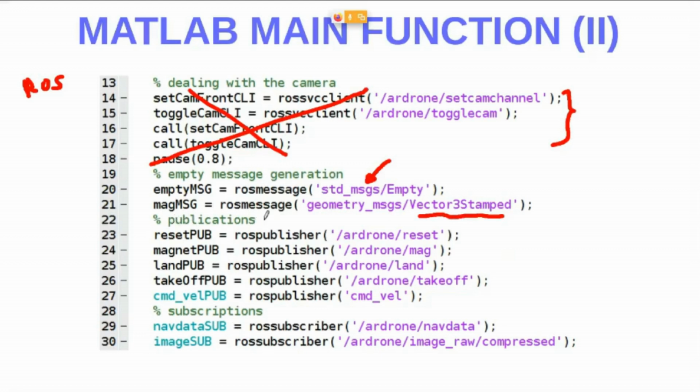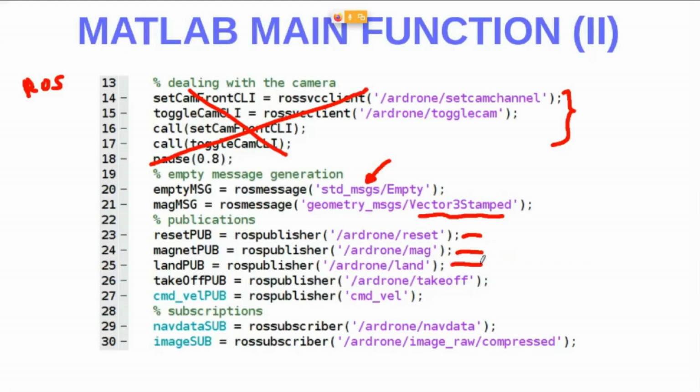What about the publications? These are the publications from my computer, the remote computer, to the aircraft. As you can see here, I have several publishers. First of all, this is in order to reset the drone. This is for the magnetometer.